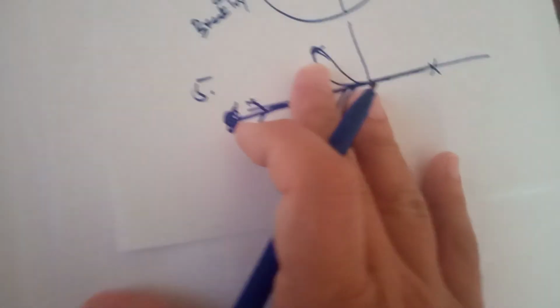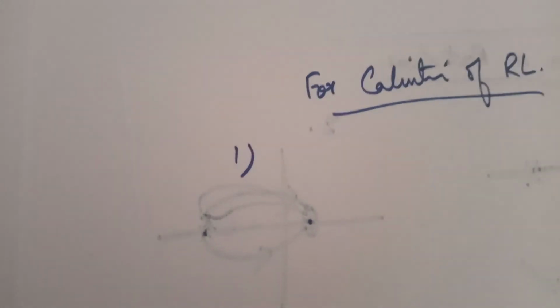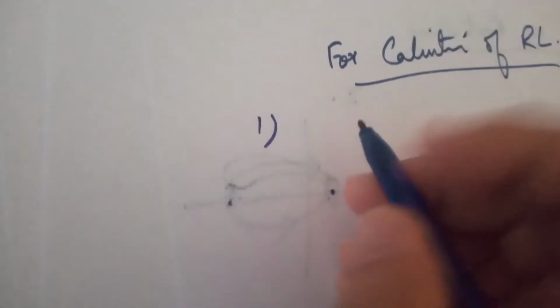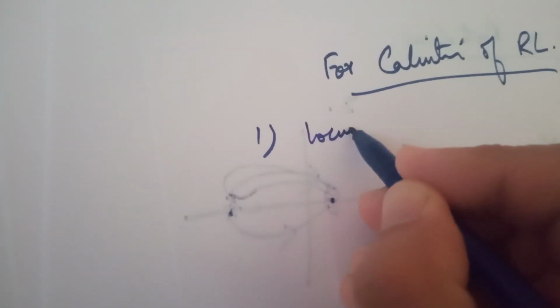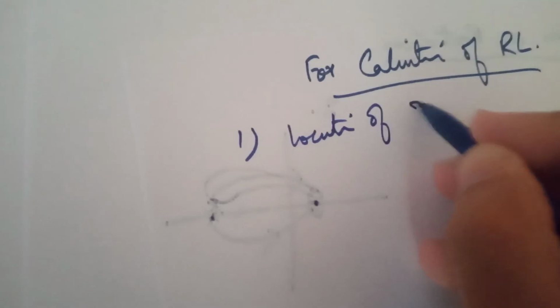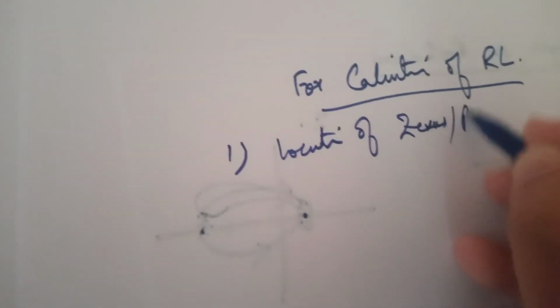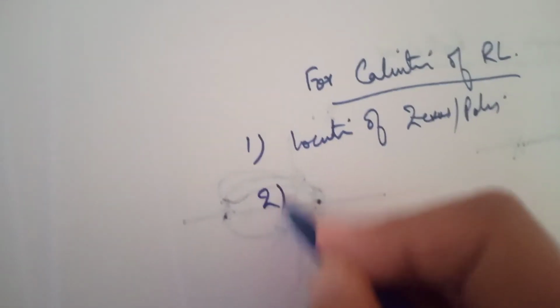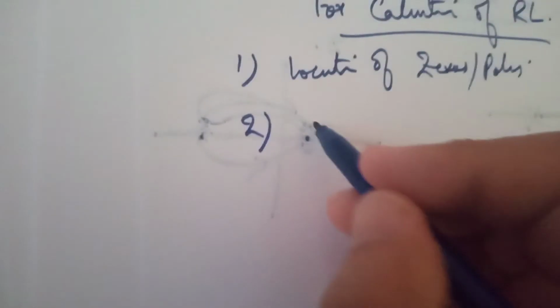For those calculations we need some other information. So if we write here, for calculations of root locus, what we need: first one is the location of zeros and poles. Second thing is asymptotes.